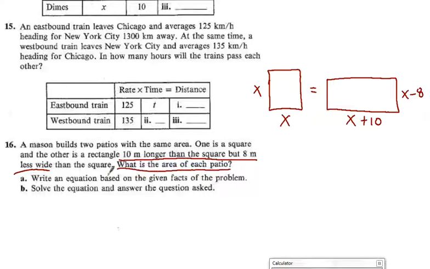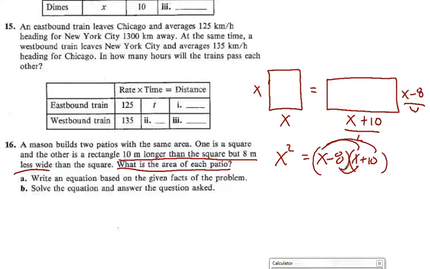All right, so here we go. I know the area of the square is just going to be x squared, because x times x is, you guessed it, x squared. And that's going to equal this value times this value. So I have x minus 8 times, because there's length and width, x plus 10.